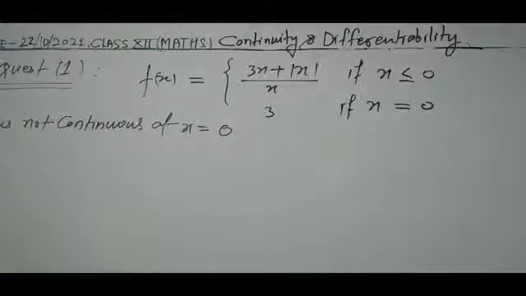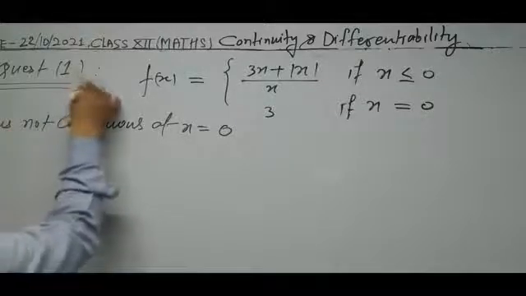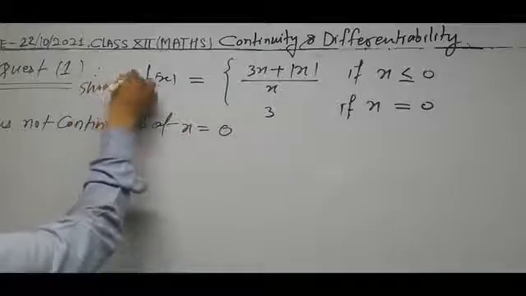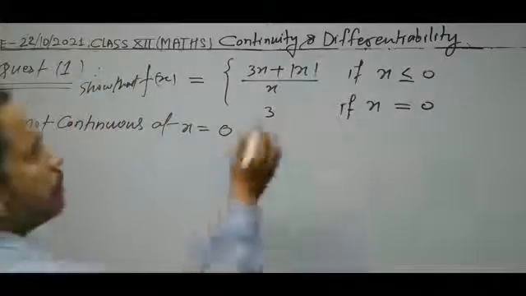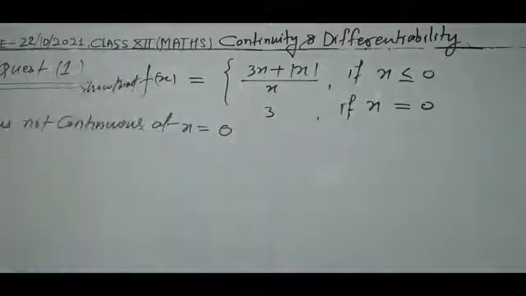So this is the question. Show that the function is not continuous, which means discontinuous, at x = 0.